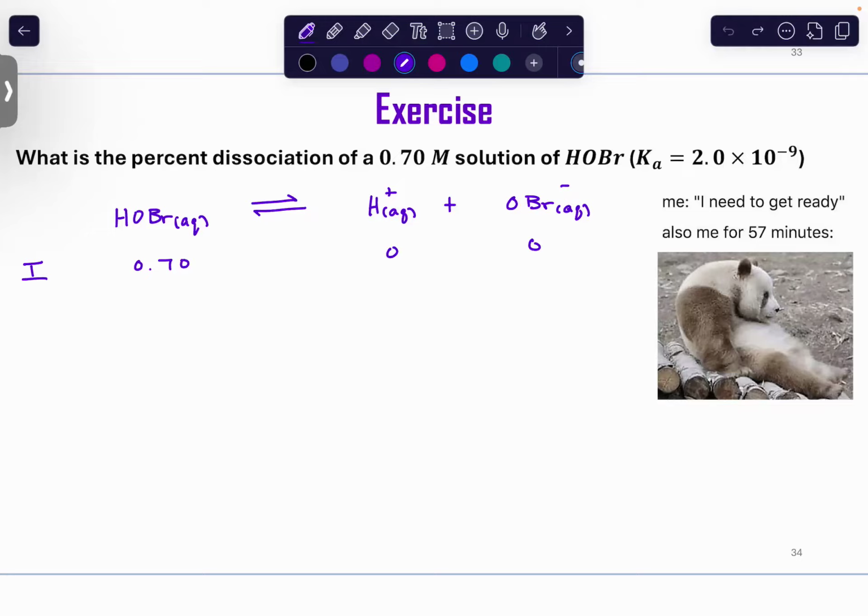Our changes. What are the changes going to be? Equilibrium. So let's look at our expression for Ka.